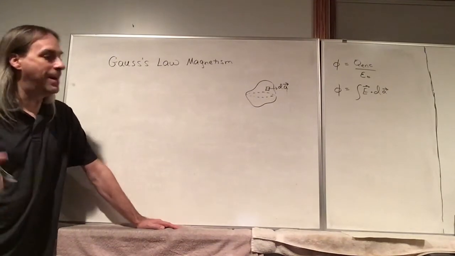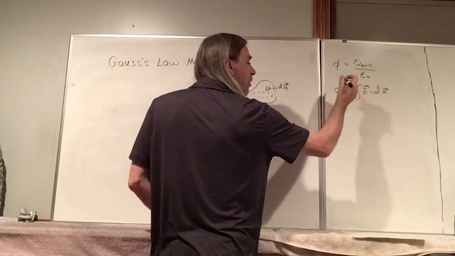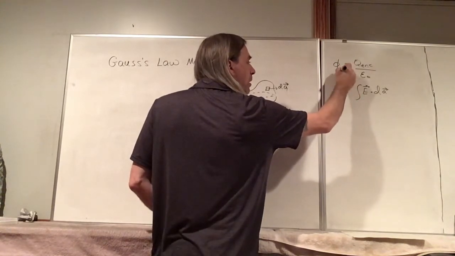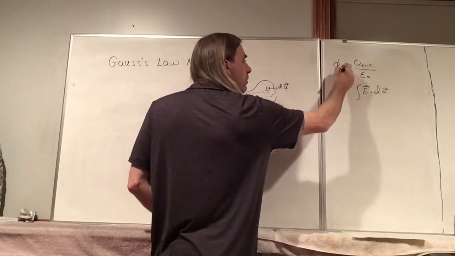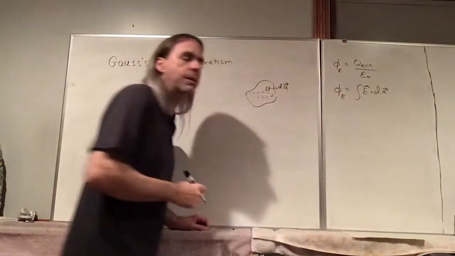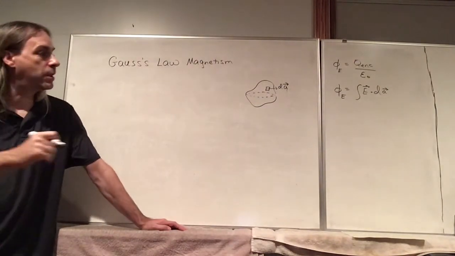And so we define magnetic flux the same way. To distinguish them, although we usually don't really need to, it's usually obvious from the context if we're talking about electric or magnetic flux.